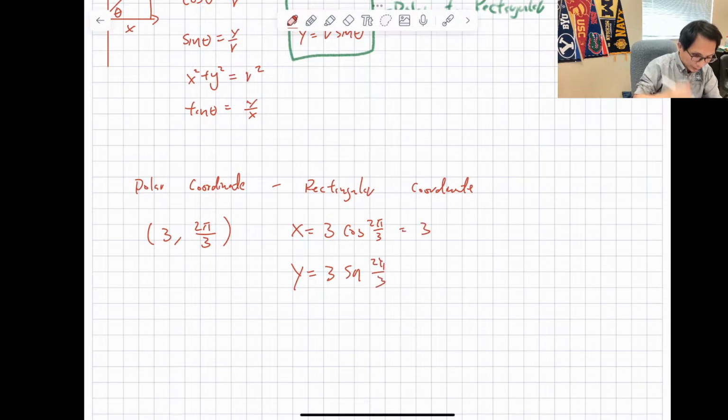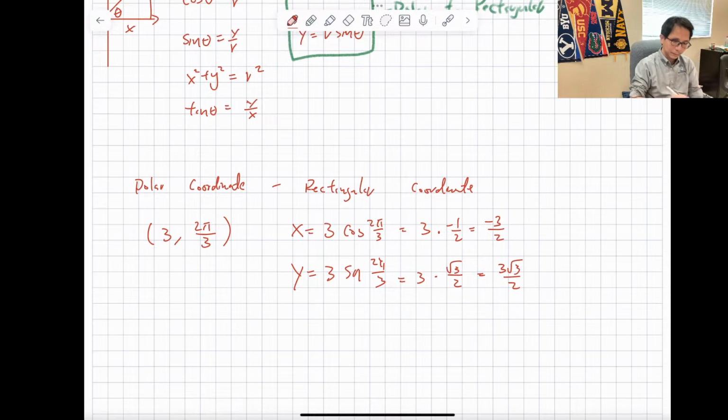And that's going to be 3 times negative half, so it'll be negative 3 over 2. Then 3 times square root 3 over 2, so it'll be 3 root 3 over 2. So that is your rectangular coordinate: negative 3 over 2 and 3 root 3 over 2.